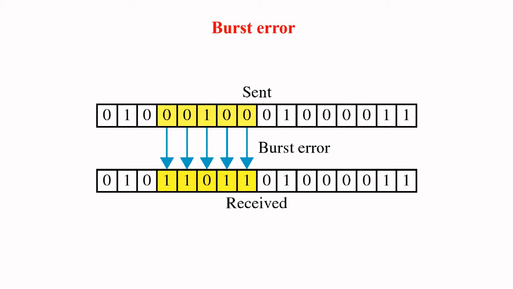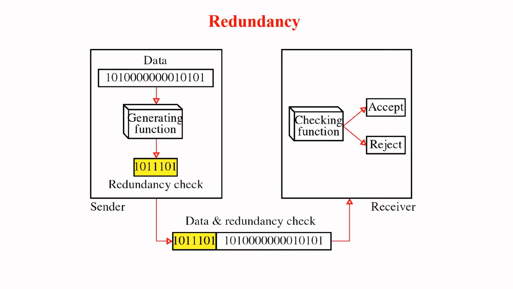Now, redundancy. What is redundancy? What are the redundant bits? Why are these bits added with the data? So here, sender and receiver are shown, and there is a communication channel between the sender and receiver.